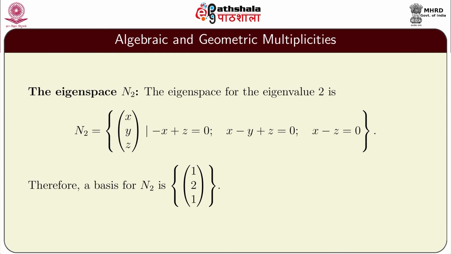And finally, the eigenspace N3 corresponding to the eigenvalue 3, that is kernel of A minus 3I, is nothing but the collection of all those 3 tuples (x, y, z) such that they satisfy the simultaneous linear equations minus 2x plus z equal to 0, x minus 2y plus z is equal to 0 and x minus 2z is equal to 0. And therefore, a basis for N3 is a singleton again consisting of this vector (1, 2, 1).